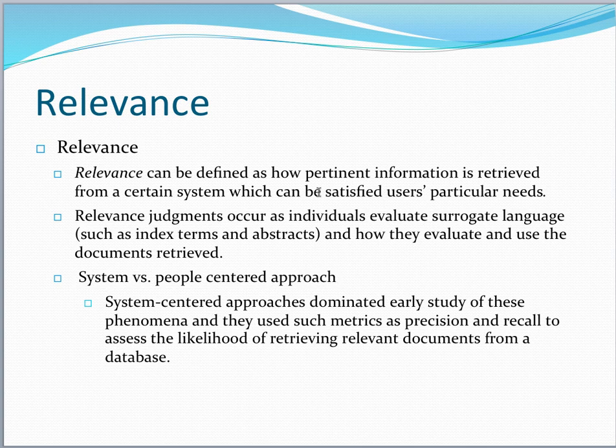Relevance judgments occur as individuals evaluate surrogate language such as index terms and abstracts. That's what we mean by surrogate terms, and how they evaluate and use the documents retrieved. And there are two ways of approaching this. One is the system approach, and the other one is the people-centered approach.